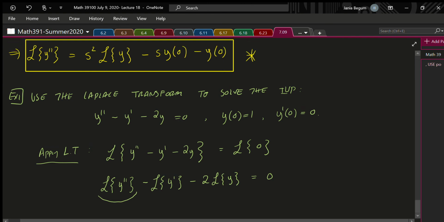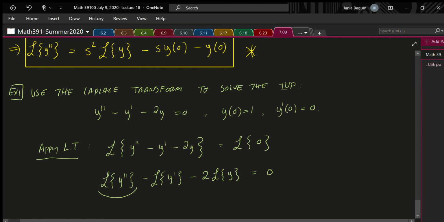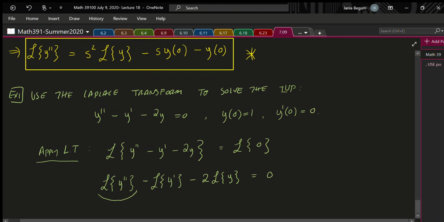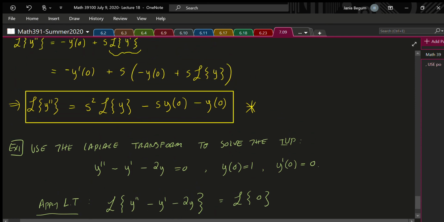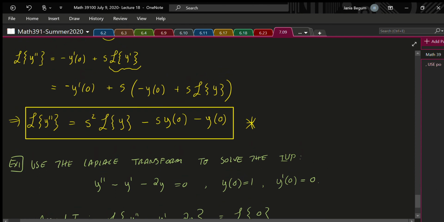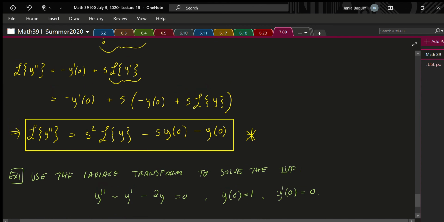Okay. So now, do we have an expression for this? Yeah, right, we just computed that, it's right there. So that's where I'm going to substitute. So Laplace transform of y double prime is going to be replaced with s squared Laplace transform of y minus s times y of 0 minus, hold on. Looks like I made a mistake one more time, so sorry. This should be prime, right?